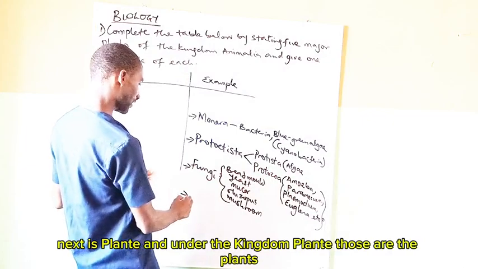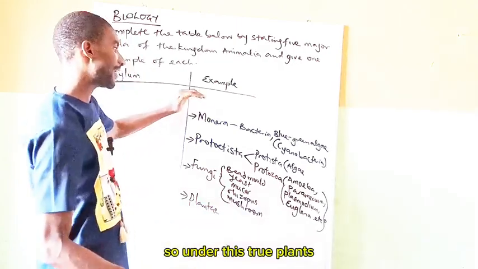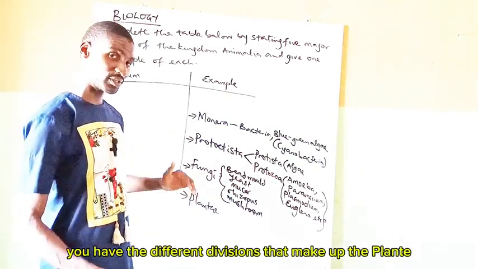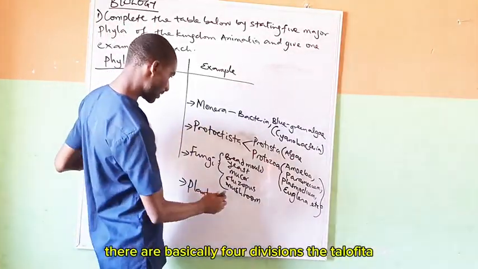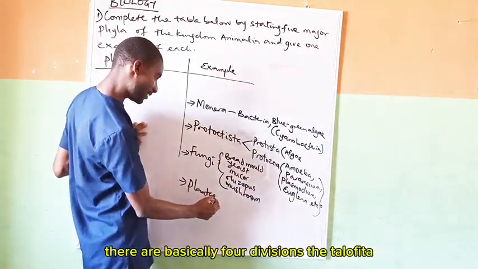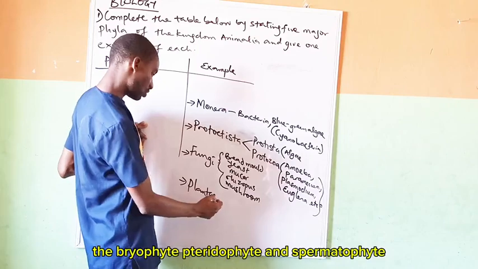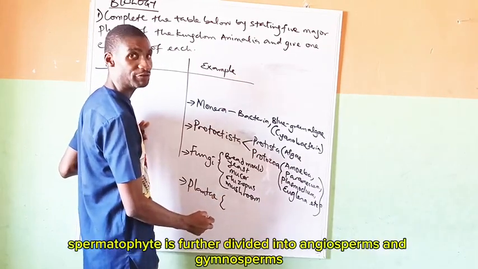Then we have the kingdom Plantae. Look at it, I actually outlined it in order of complexity. It's very important that you outline in order of complexity. Under the kingdom Plantae, those are the true plants. Under these true plants, you have the different divisions.